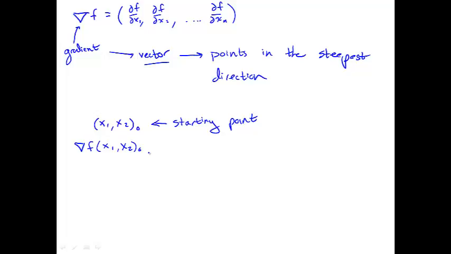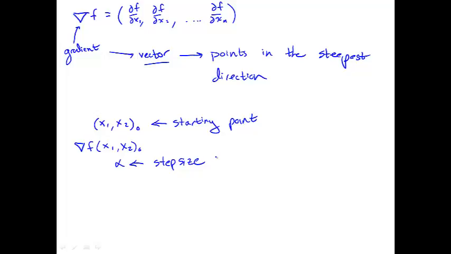Now, to implement this practically, we have to take a step in that direction. And we'll usually choose some finite step size. So we can call this alpha as the step size. So if we started at x1, x2, 0, and we're trying to find the next point to sample, how do we do that?